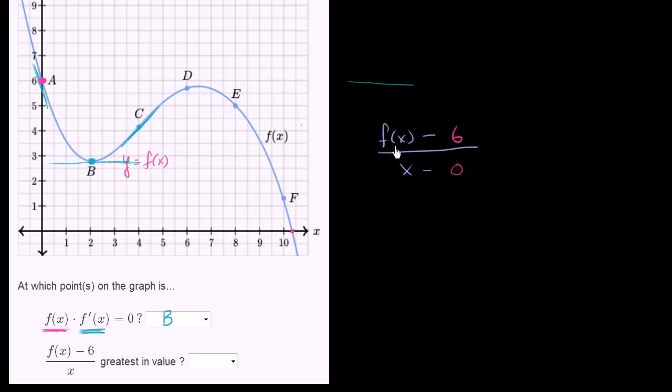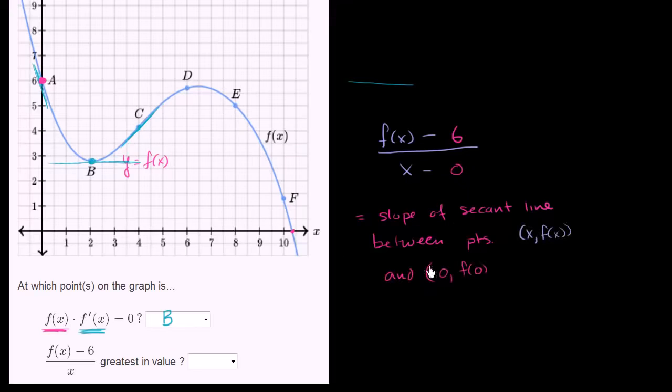Well, this is equal to the slope of the secant line between the points x, f of x, and whatever the corresponding f of x is, and we could write it as 0, f of 0. Because we see f of 0 is equal to 6. This right over here is f of 0. In fact, let me just write that as 6. And the point 0, 6.